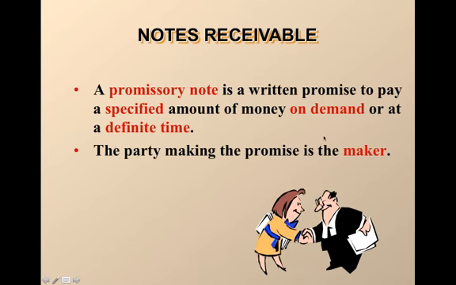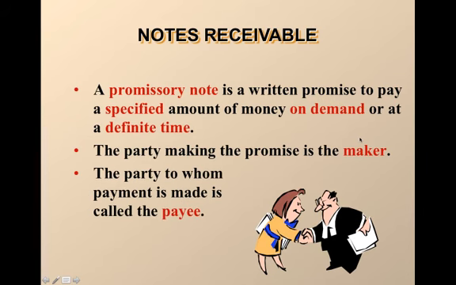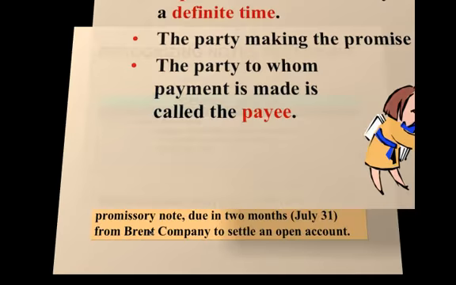It doesn't happen very often. The person making the promise to pay is the maker, and the party to whom payment is made is the payee. So the people who borrowed the money are the maker, and the lender is the payee. So the borrower is the maker, and the lender is the payee. Probably a term you guys should remember.